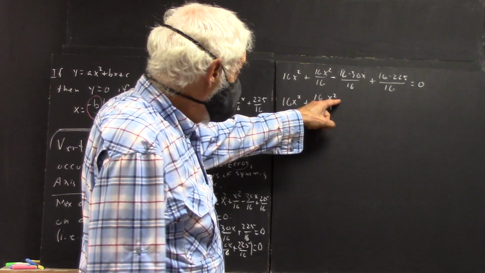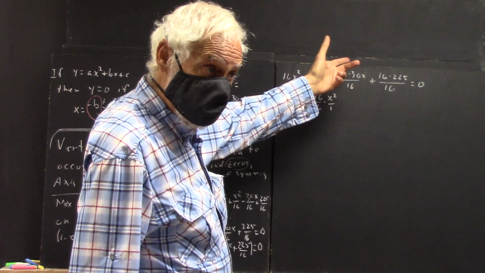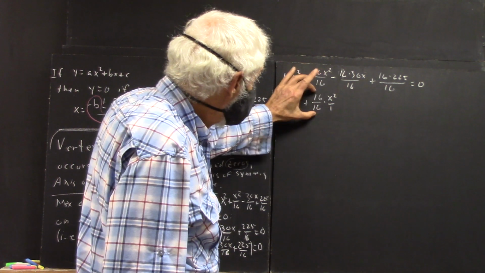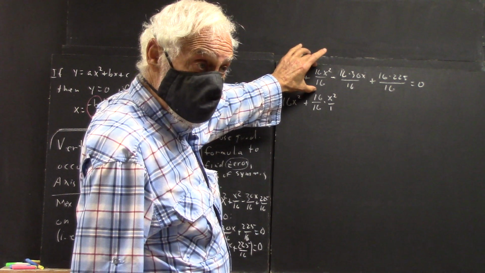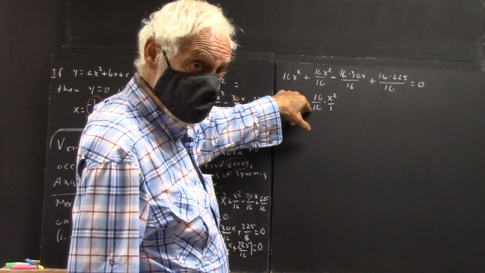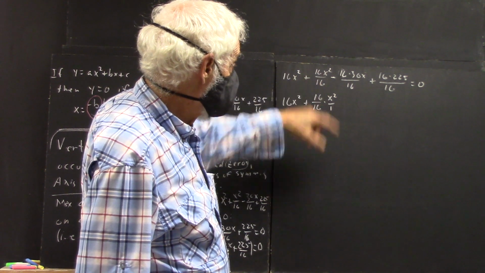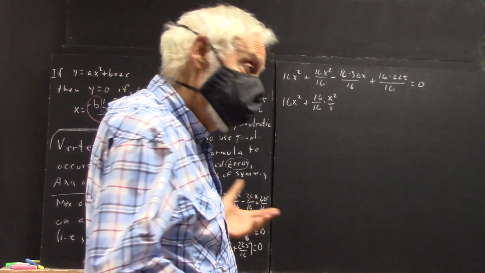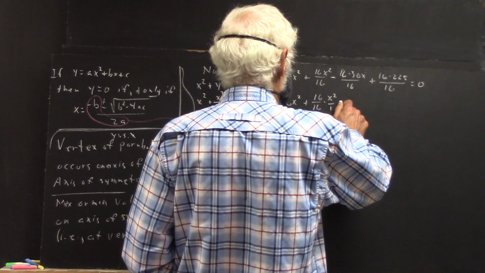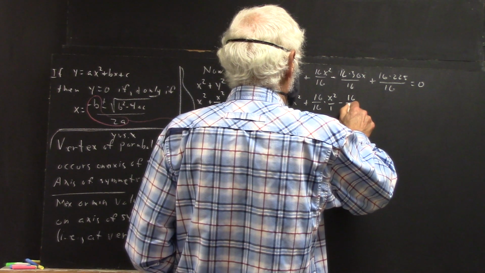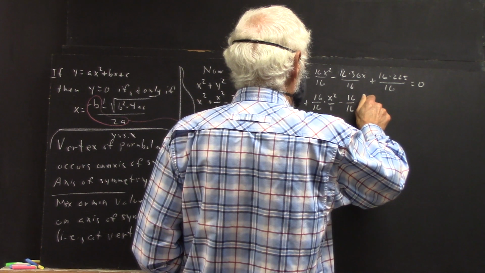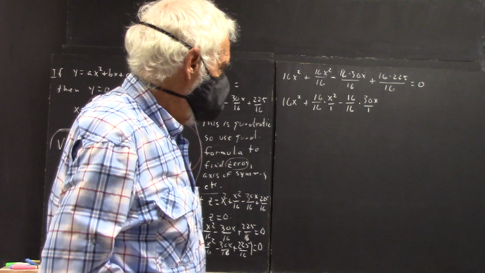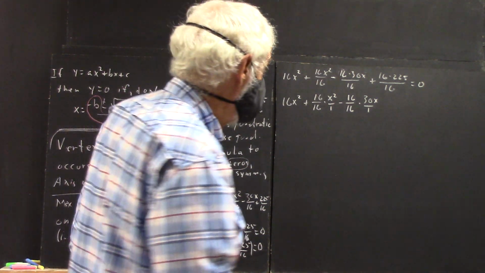Because if I multiply the numerators, what do I get? I get 16x squared. If I multiply the denominators, 16 times 1 is 16. So this is identical to this. But 16 over 16 is just equal to 1. So we're just going to end up with an x squared there. We don't want to shortcut that, because I'm pretty sure if you start shortcutting, errors are going to crop in.